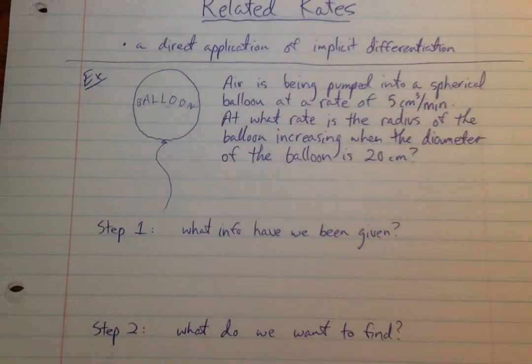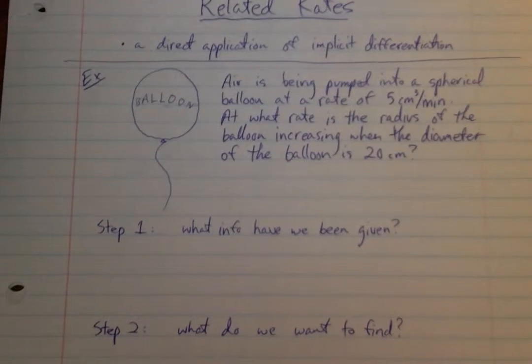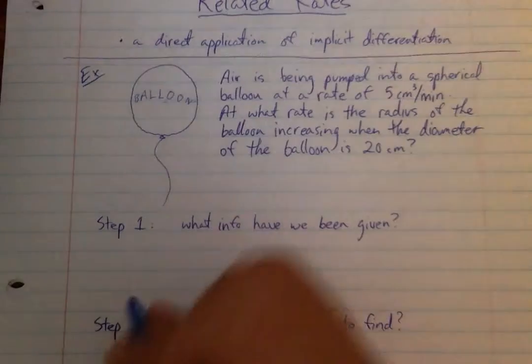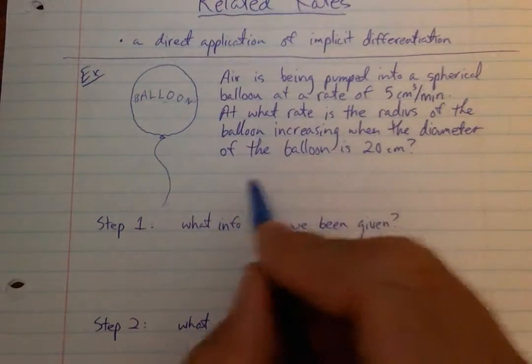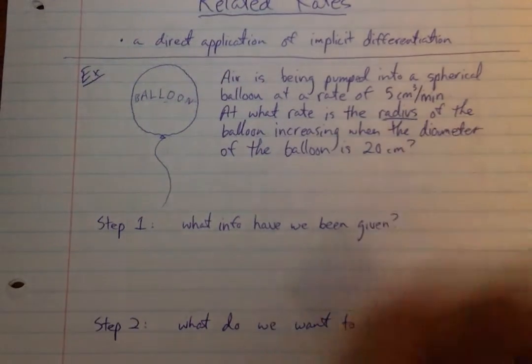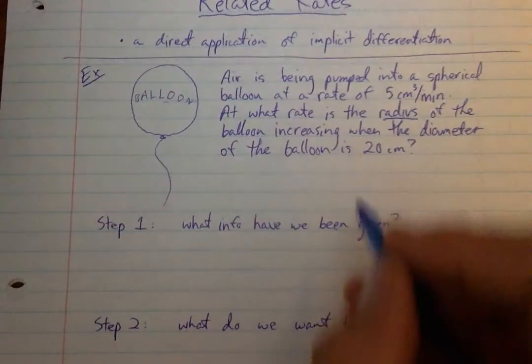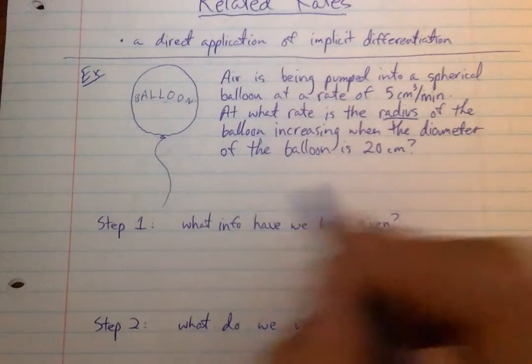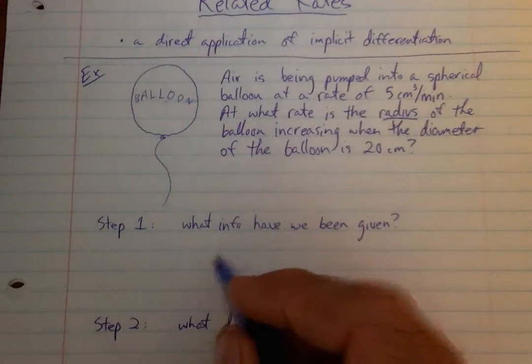All right, so let's set up a little method. It seems like there's a lot of information here. Who knows how to get started? First off, what info have we been given? Well, we know that the radius and the volume both increase with time.